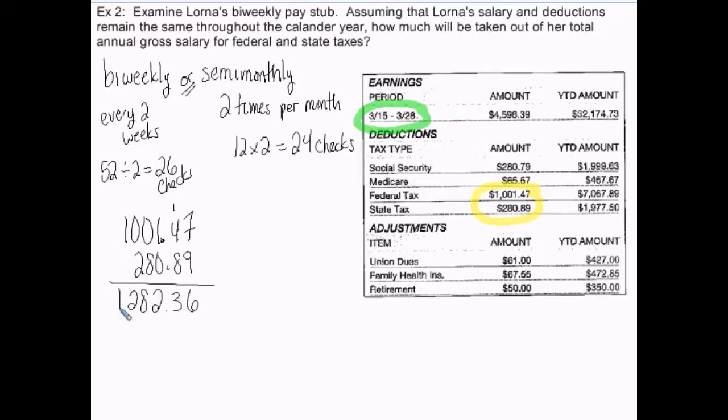This is going to happen 26 times a year that she gets this much taken out, so we multiply that by 26. So she's paying, I left out a 3, sorry. She's paying $33,341.36 per year in federal and state taxes.